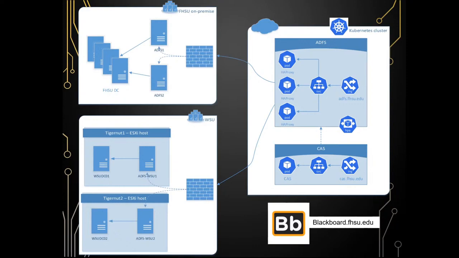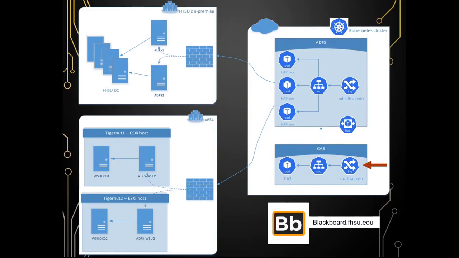When a web browser makes a request to cas.fhsu.edu, the DNS name resolves to an ingress IP address on GKE. GKE then passes the request to a pod running our CAS server. As we mentioned, CAS is configured as a relying party on ADFS. CAS then issues the redirect to ADFS.